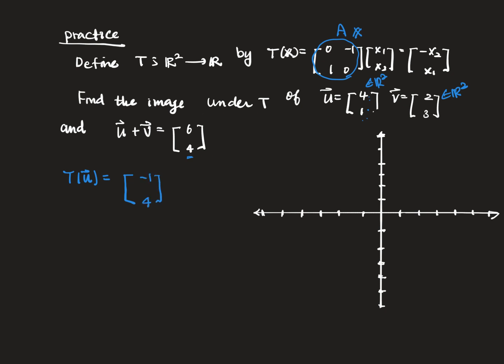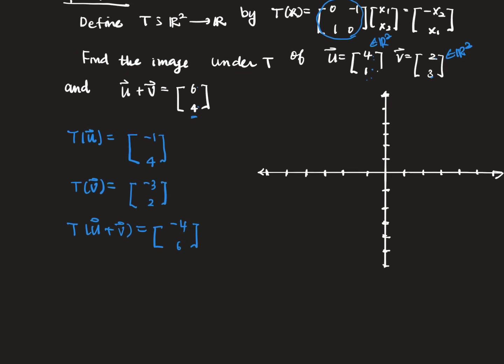Make sense? Tv: x1, x2 is 2 and 3, so it goes to negative 3 and 2. How about T of u plus v, which is 6, 4? That goes to negative 4 and 6.